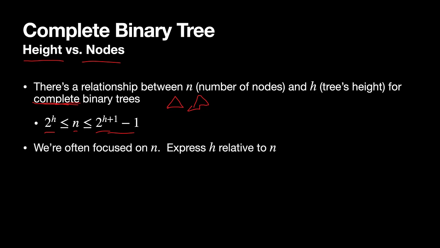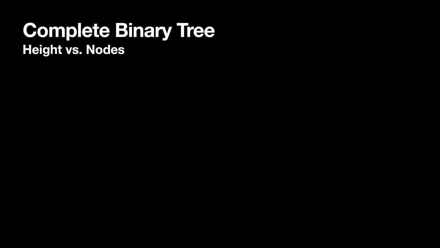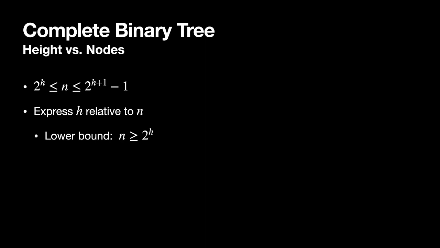Again, we're often focused on n. We want to express h relative to n. So let's take a look at that equation, and we'll try to get a clearer relationship of h and n. I'm going to focus on the left part of the equation first.